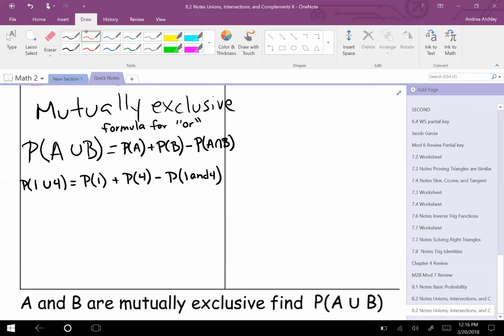So how many 1s are on my number cube? 1. So there's a 1 out of 6 chance of me choosing a 1.